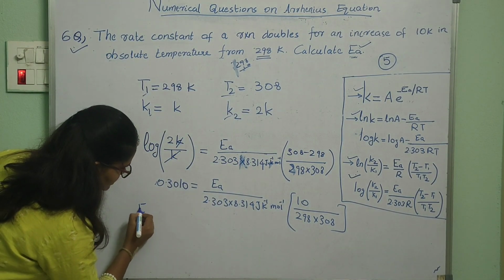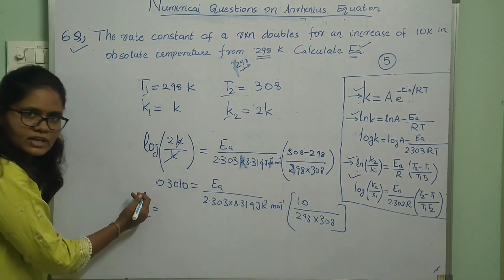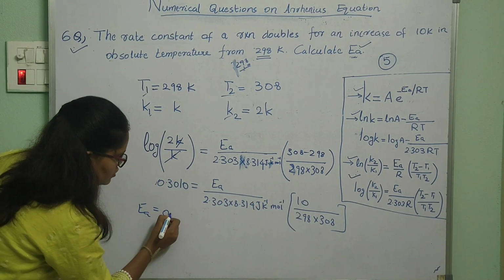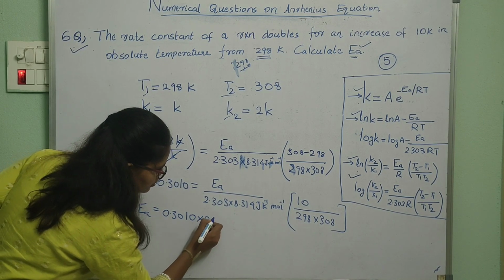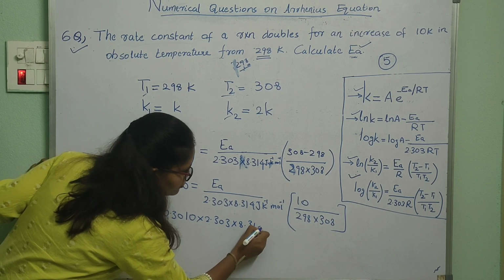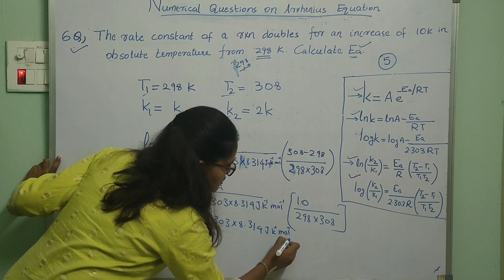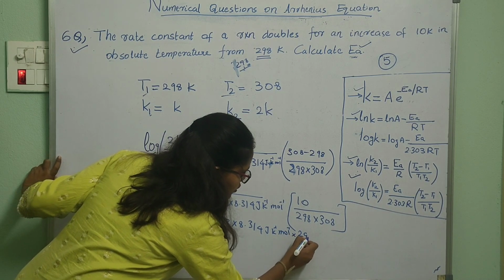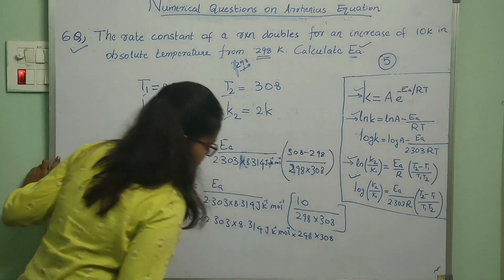So I will keep this EA here, and I will take this entire value on the left hand side. It becomes 0.3010 into 2.303 into 8.314 Joule, Kelvin inverse, mole inverse into 298 into 308.